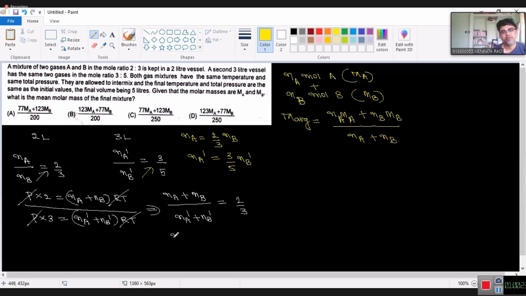Then 2/3 of Nb plus Nb, divided by 3/5 of Nb dash plus Nb dash, is equal to 2/3. 2/3 plus 1, what is that? 5/3.